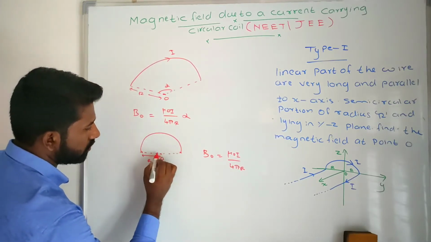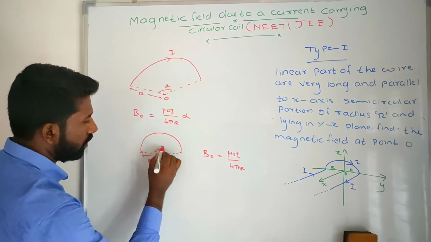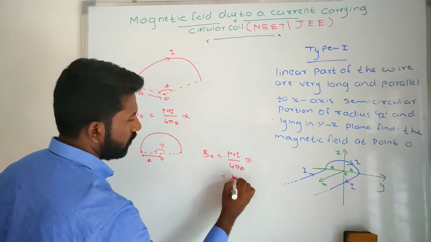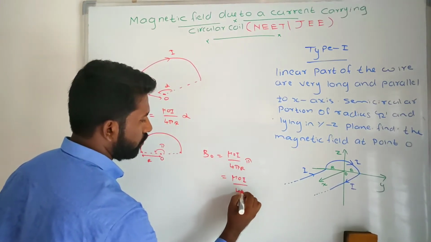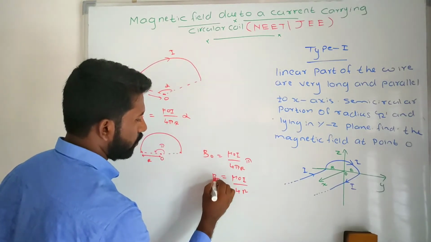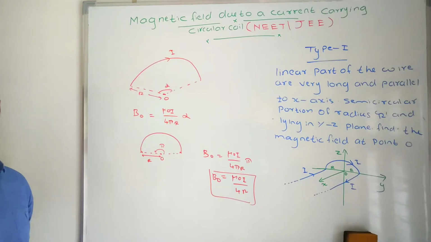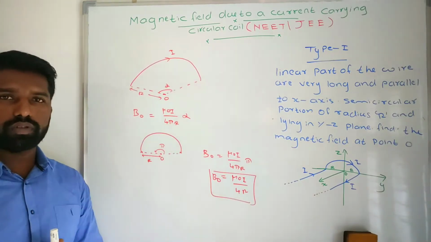Now it is a semicircle, so this angle is pi. So I am getting mu 0 I by 4r. This is the magnetic field produced by a semicircular loop at the center. Clear? This is about the theory.